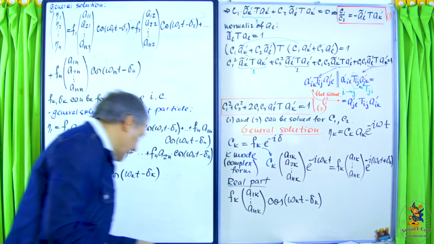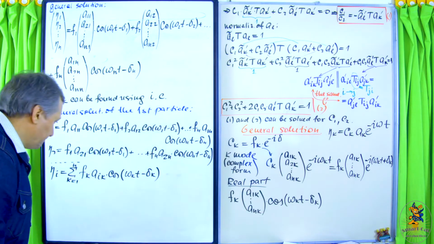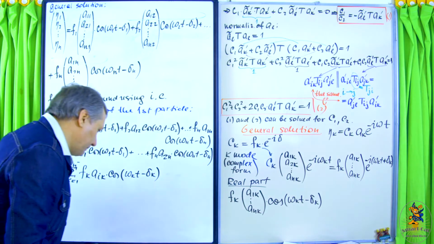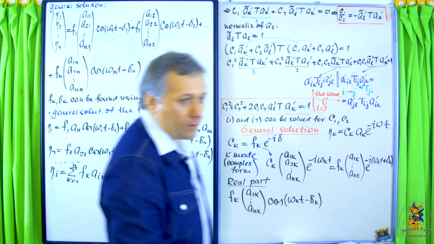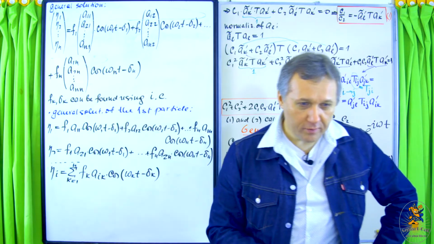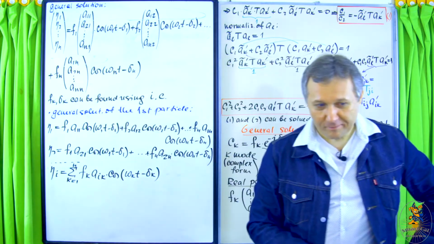It looks correct. Let me check my notes also. A_ik cosine, yeah. So that's the general solution of particle i.